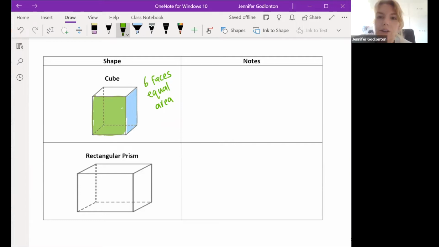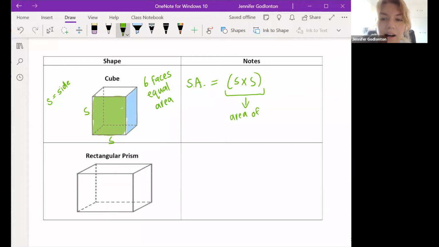So if I'm looking at my surface area for a cube, remember when we're dealing with a cube, we have an S and an S, and that S stands for side. We can say we have side times side. What that's doing is working out the area of one face, either this green part that I've highlighted or the blue part.